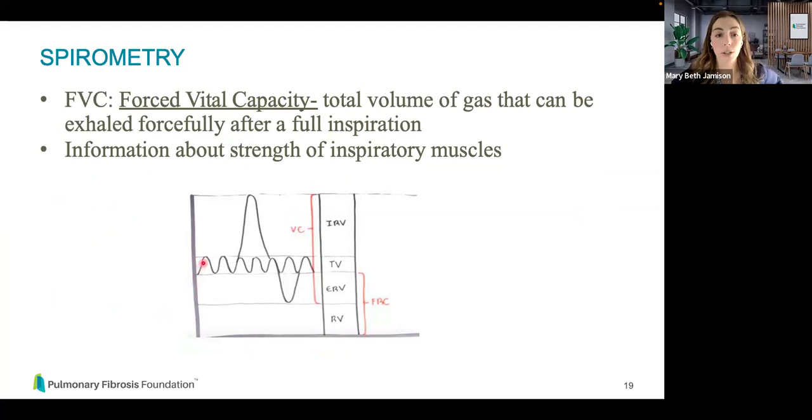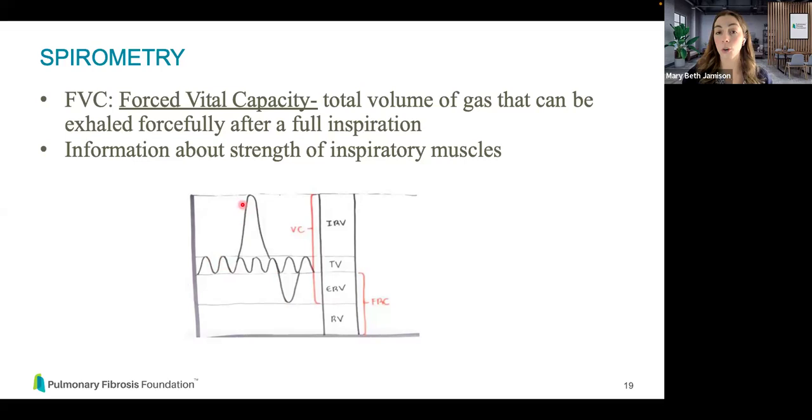First, it shows normal breathing. This is your breathing that you're not even thinking about, just a normal breath in, normal breath out. Whenever we're taking a big breath in, we have more breath that we can inhale and hold in our lungs, and then we have more breath that we can exhale, even after a normal breath. So if you're just doing your normal breathing here, then you take that full inhale.